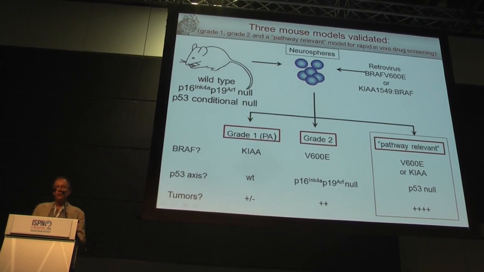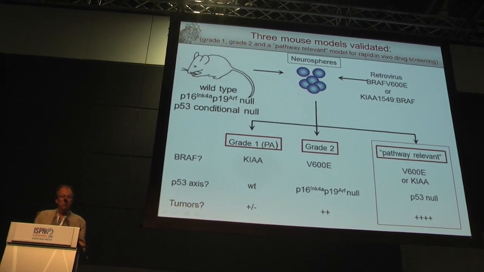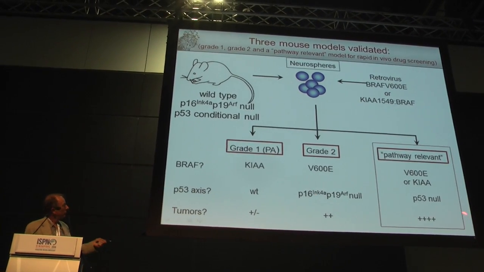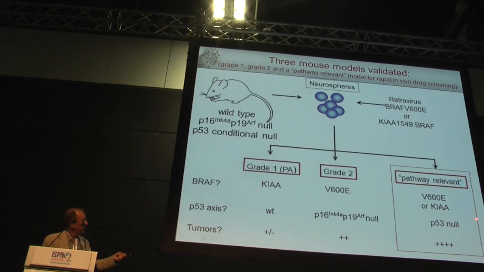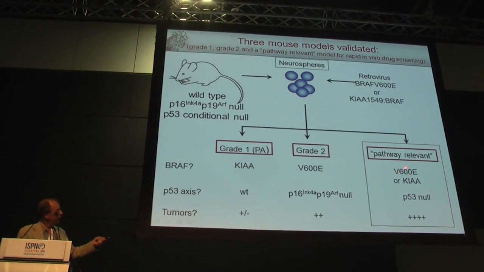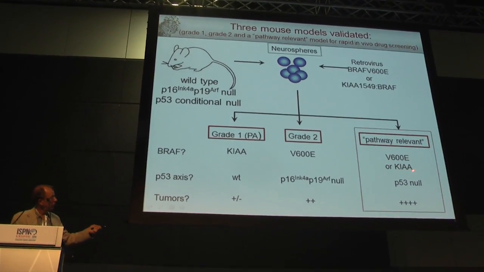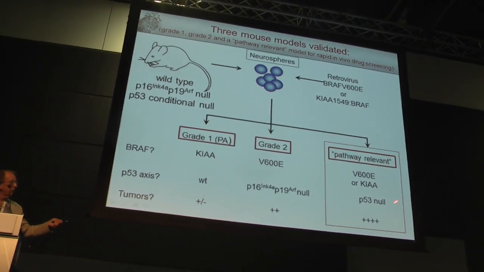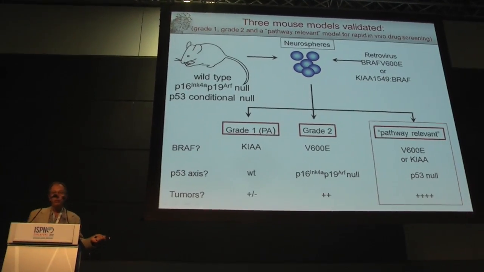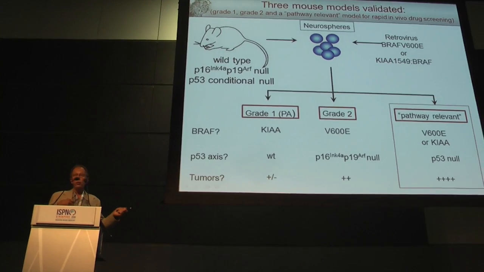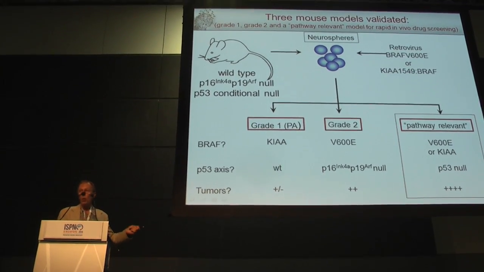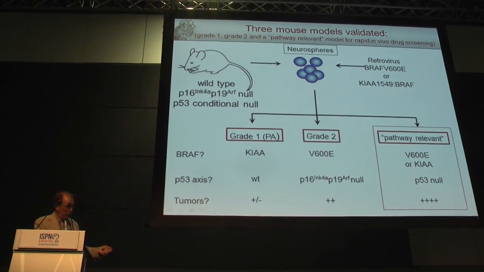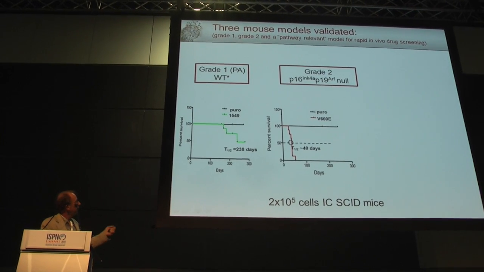In testing for drugs, it's good to get your bad news fast. So we made this one model which is completely ablated for p53. It's p53 null. And here you can put in either the V600E or the truncation fusion. And these things are very, very aggressive. You kill the mice in 3 weeks. Now, as I say, it's not genetically relevant. The kids' tumors are all wild-type p53. But as you'll see in a minute, it's pathway relevant.